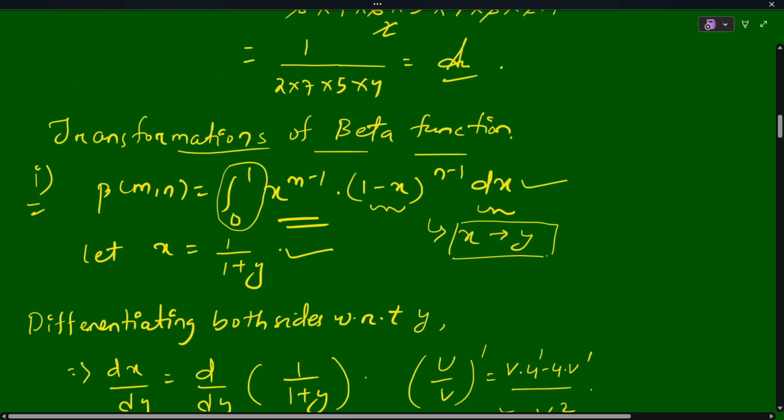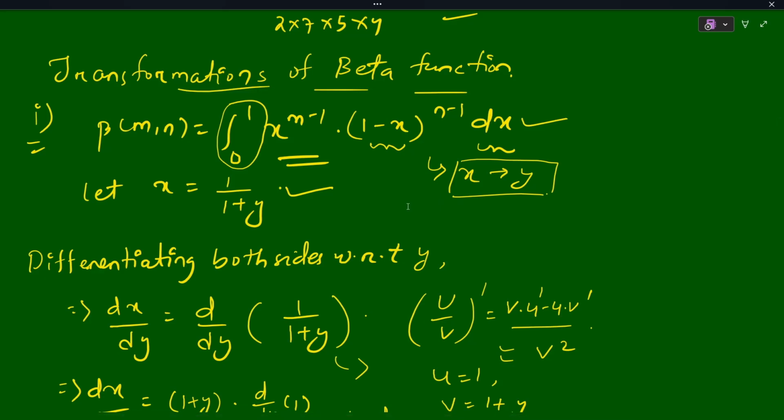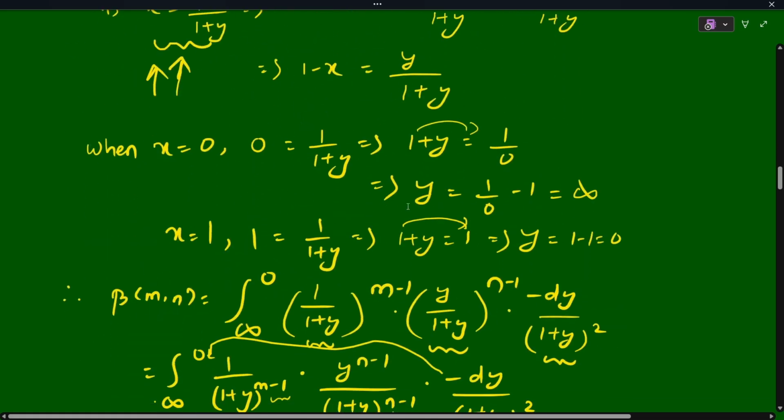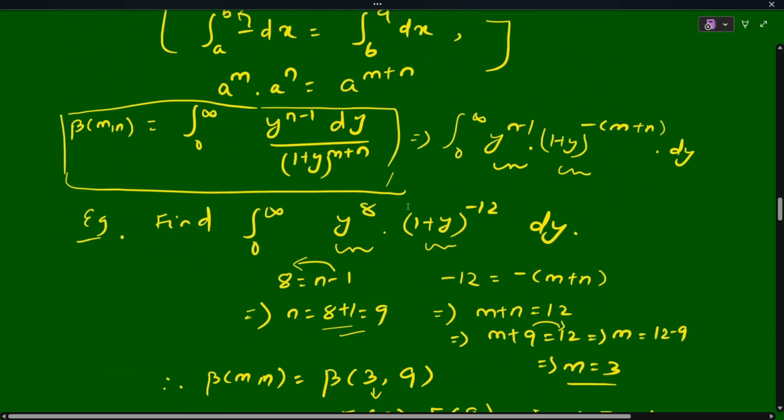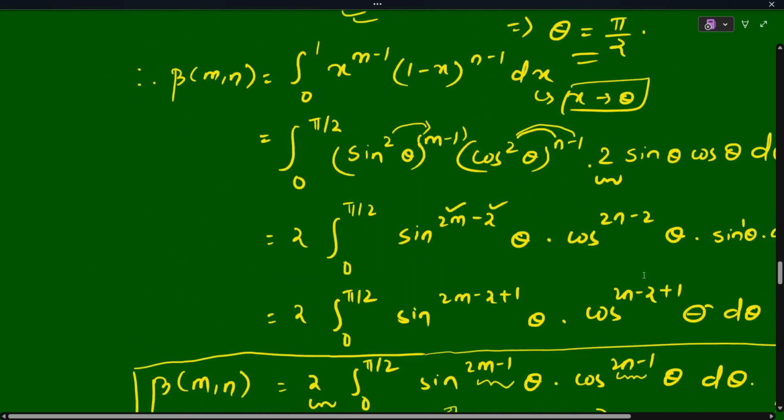Here in this transformation, if in place of m and n we interchange them to n and m, then this will be satisfied. Or else you can see from the second one also, if you change the n and m values, then it would be y to the power m minus 1 by 1 plus y to the power n plus m. So both things are the same. This is a property, you just remember this one.